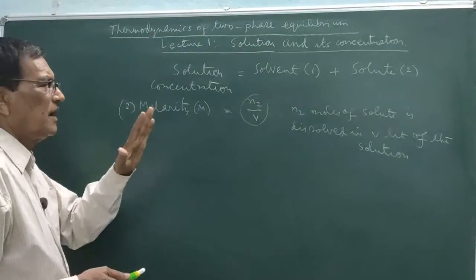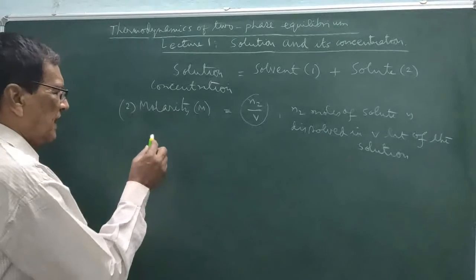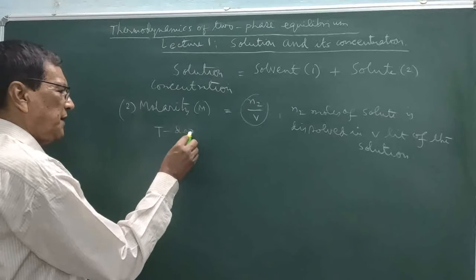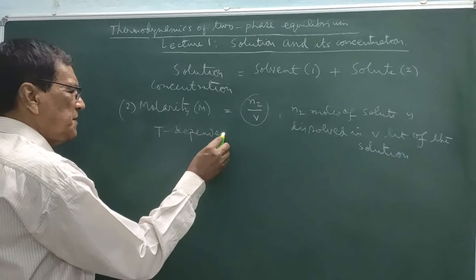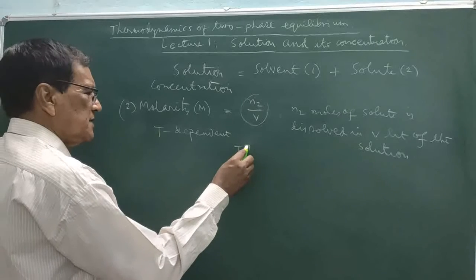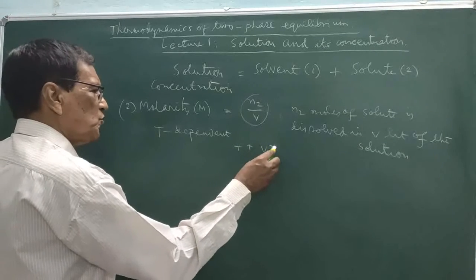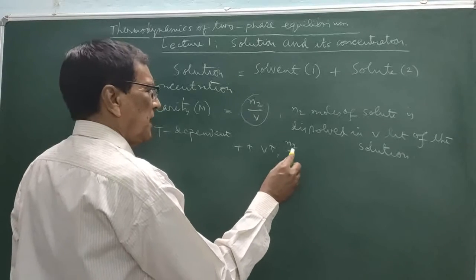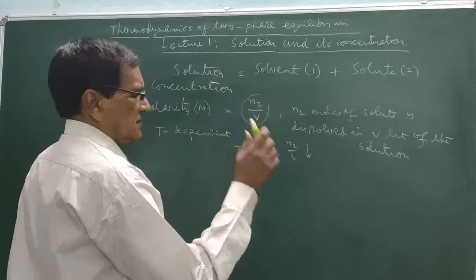Though it is not very accurate, as it is temperature dependent. As the temperature is increased, V is also increased, and thus N2 by V is decreased.